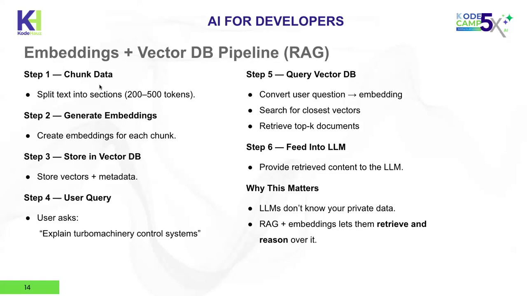First of all, you take data, you split it into sections or chunks that are made up of maybe 200 to 500 tokens. So for example, if you want to create a vector database of, let's say, staff information in your office. Now, of course, the LLM you want to use does not know anything about your staff information.